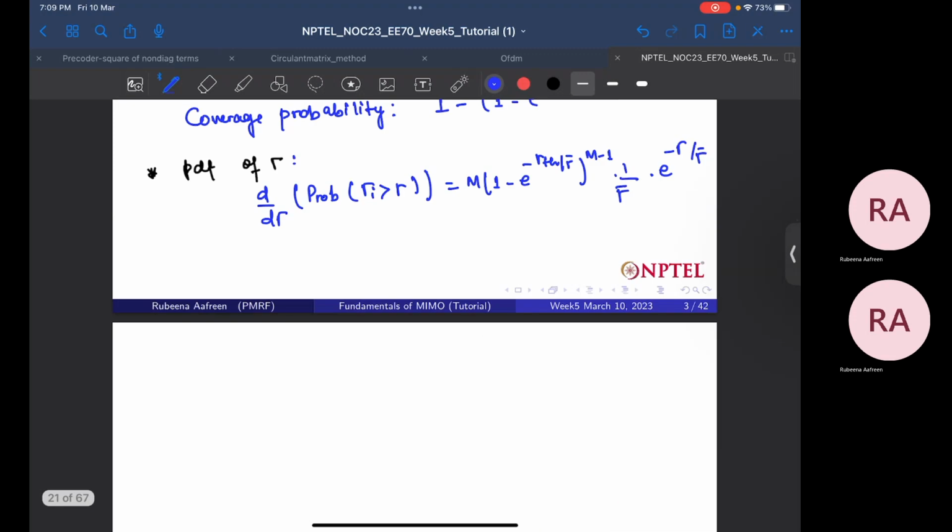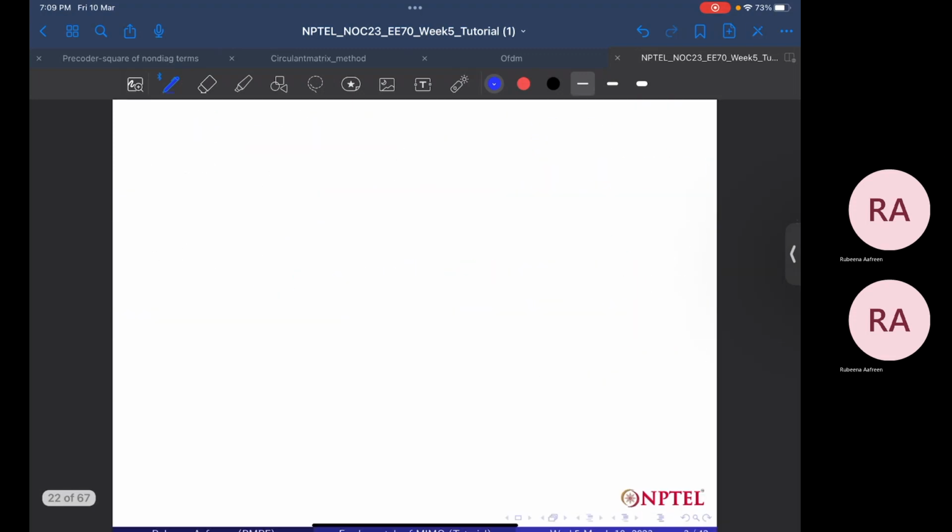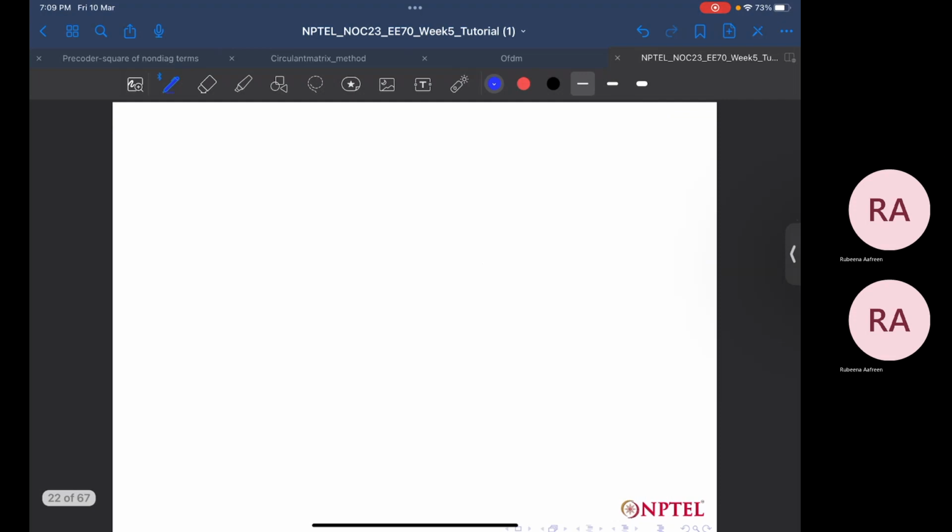So if this is the PDF of gamma, then what will be the mean? We call it the post processing mean, the post processing SNR, if we want to find it out. So this SNR would be the integral from 0 to infinity of gamma times p of gamma d gamma. When you integrate it, the integration is basically complex, which involves some numerical methods.